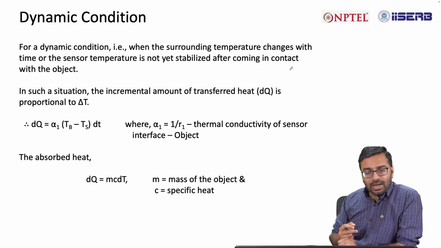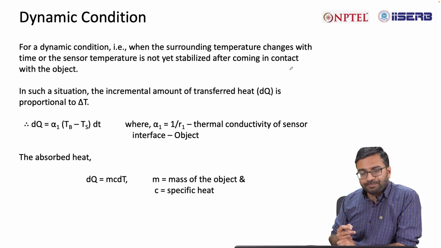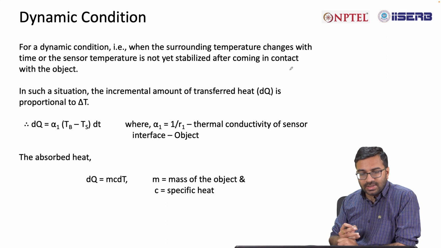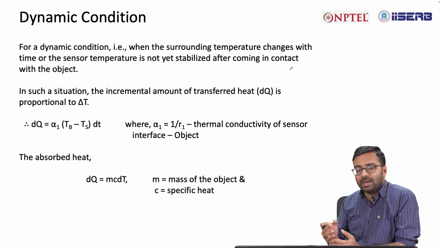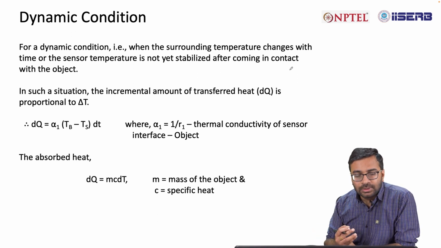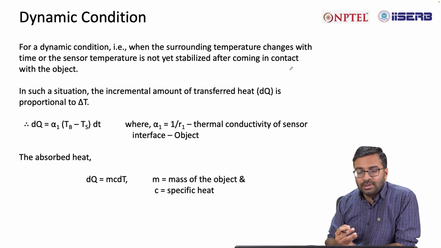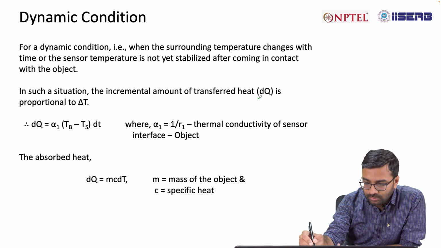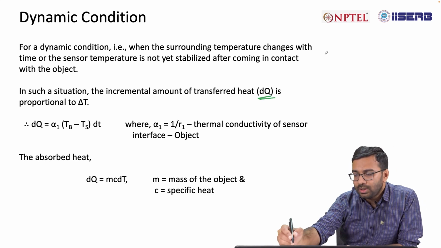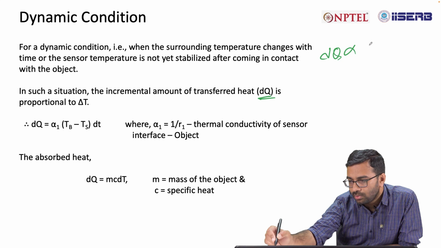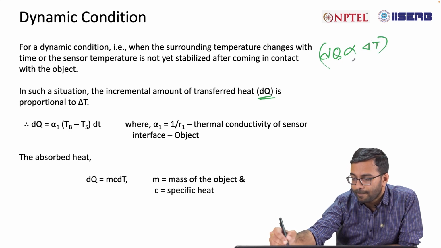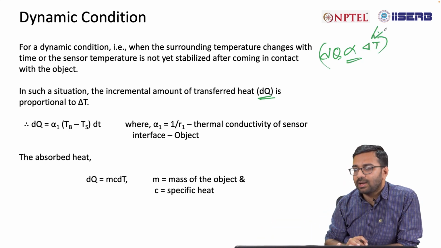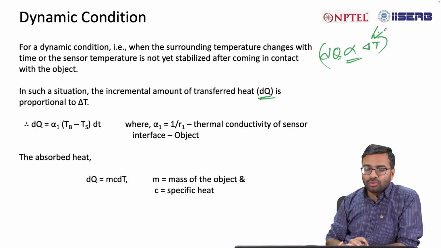For a dynamic condition, what we have seen is, if the surrounding temperature changes with time, or the sensor temperature is not yet stabilized after coming in contact with the object, in that case the incremental amount of transferred heat, that is dq, will be proportional to delta T. Delta T is again the thermal gradient.